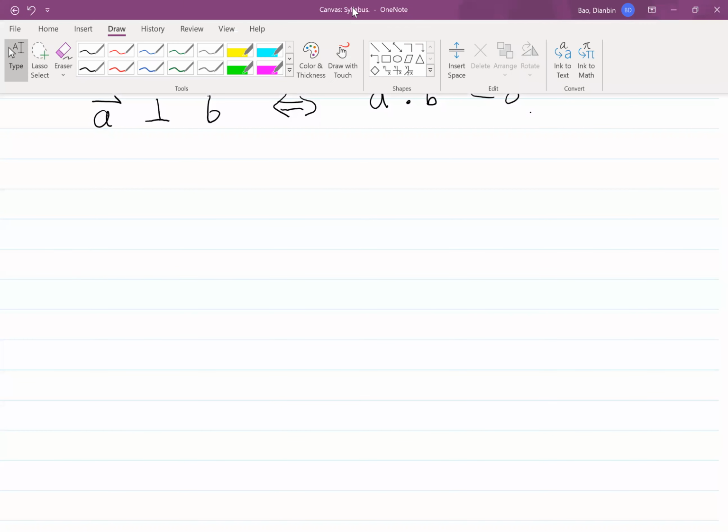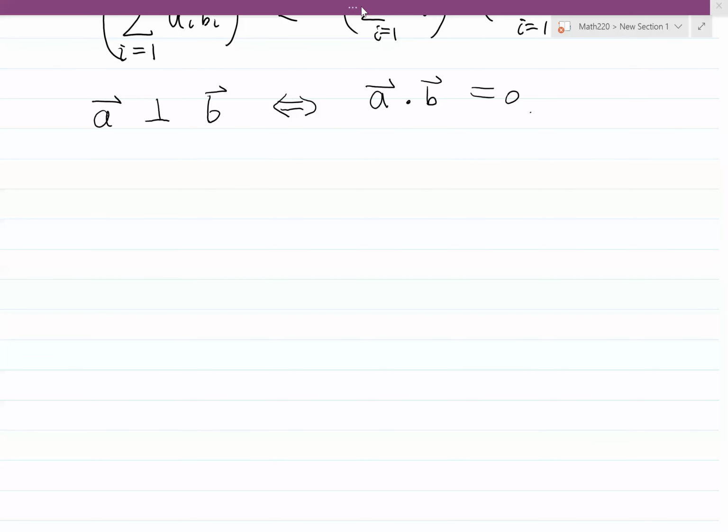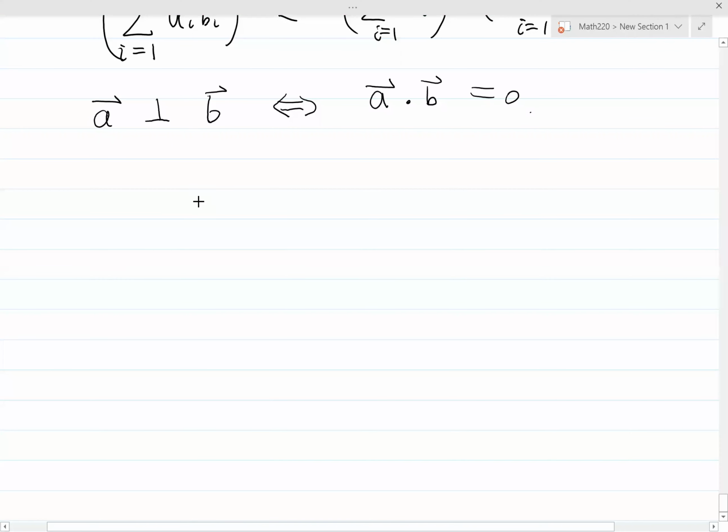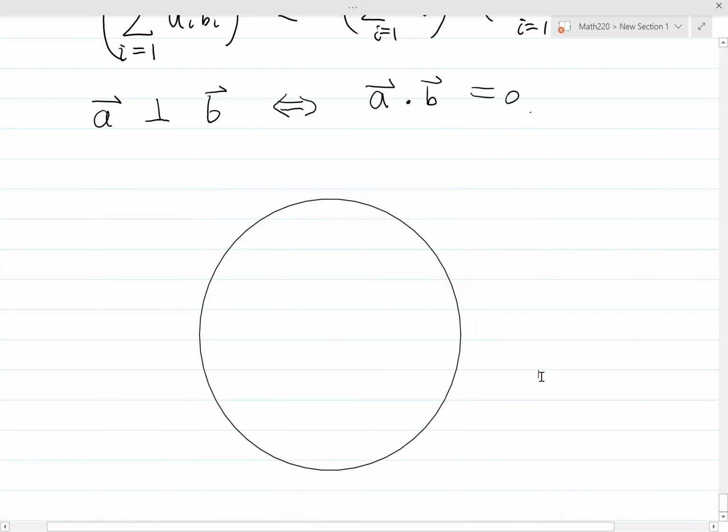Let's plot a unit circle. Okay, so we have a unit circle. Now, suppose the center is O. Now we have the x-axis.